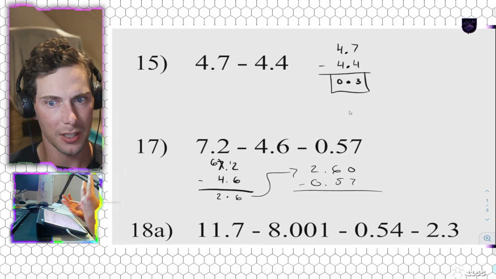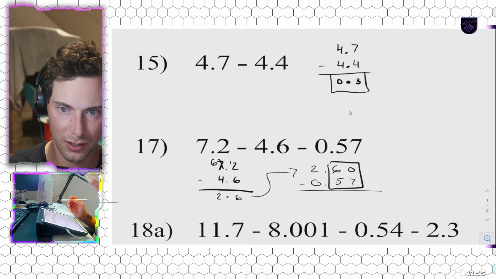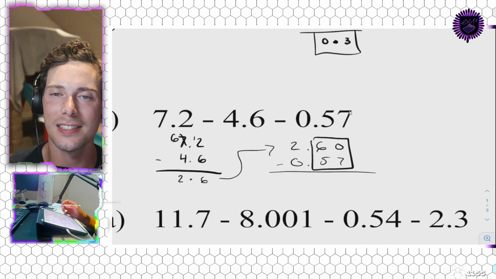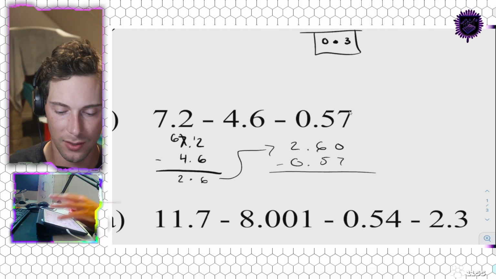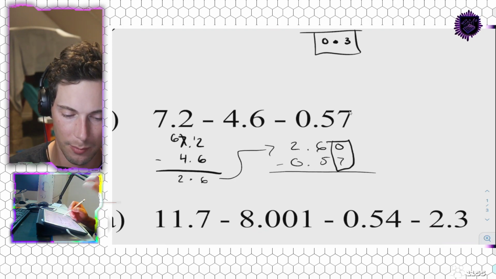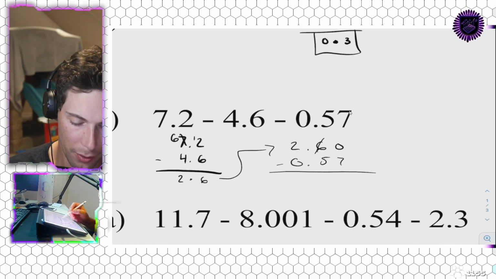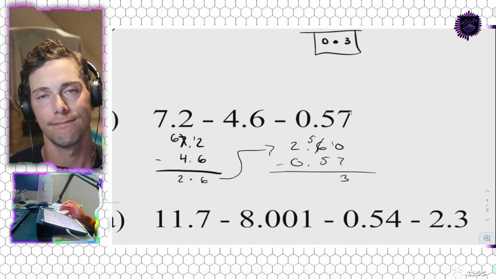Let's look at this here. Can we focus on 60 minus 57? Do I need to go 0 minus 7, to borrow 5 and 10 and 10 minus? Do I need to do that?